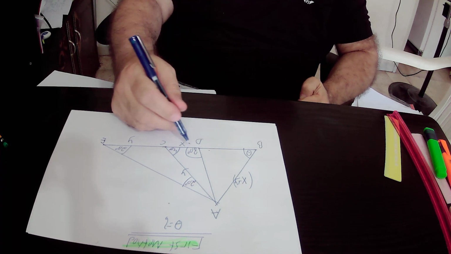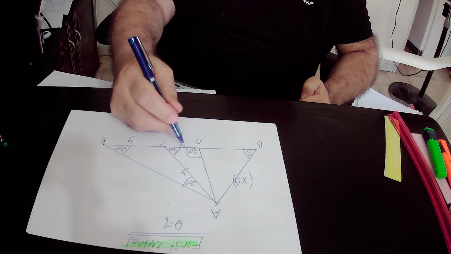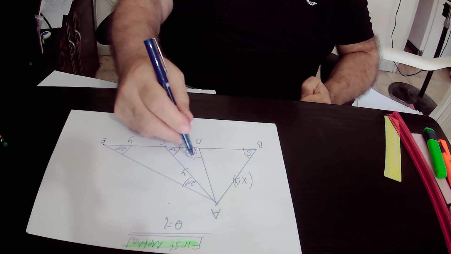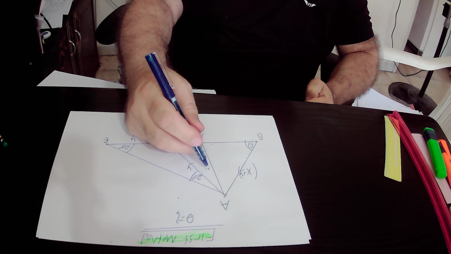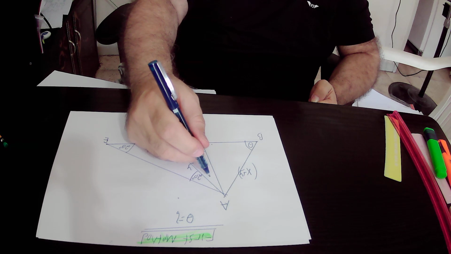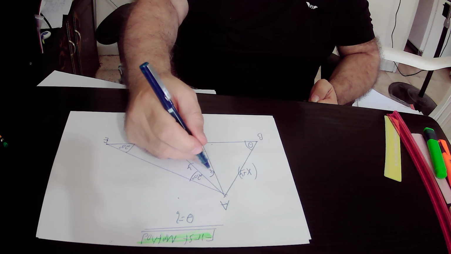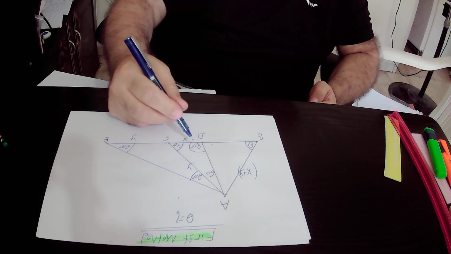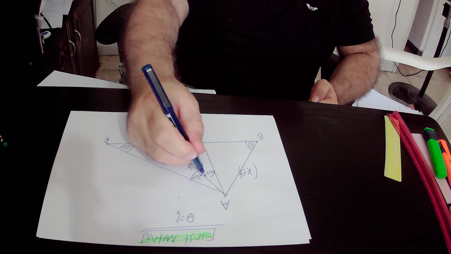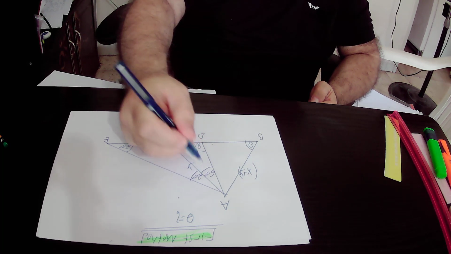So if the sum of the two angles is 120 degrees, then the third angle must be equal to 60 degrees in order to complete the sum of the angles in this triangle ADC to 180 degrees. This angle must be equal to 60 degrees. Okay.